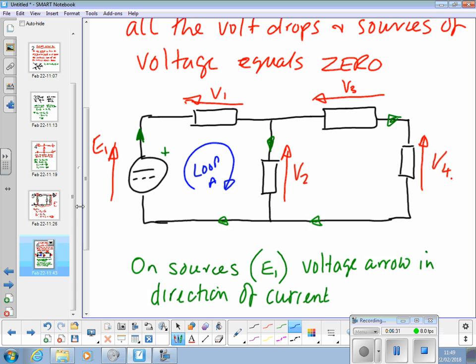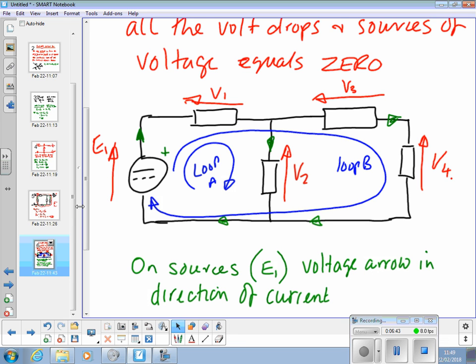We've got a second loop, but we've also got, even though it doesn't include any sources, a third loop around just those three resistors.